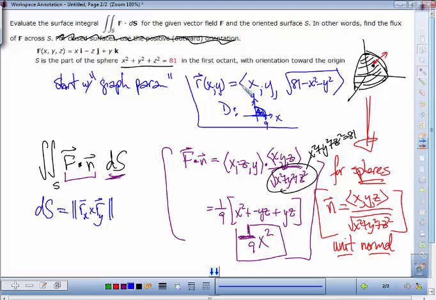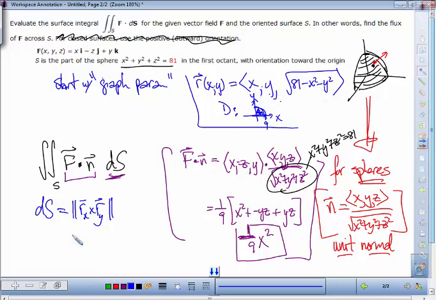So remember that in the graph parameterization, your cross product is just going to be the negative of the gradient in the first two components and a positive 1. If you take the derivative with respect to x, this is 1, 0, and then f_x, and then 1, 0, and f_y.